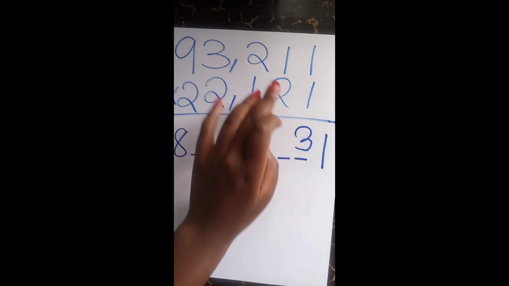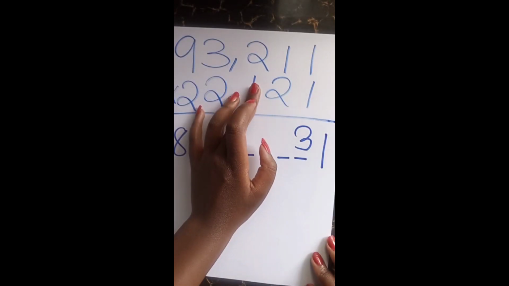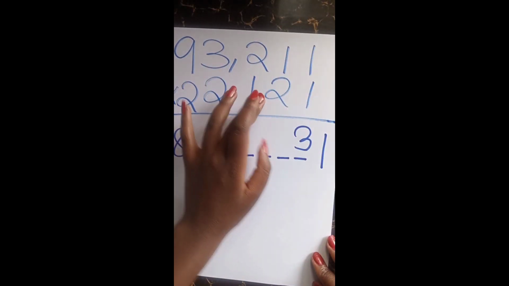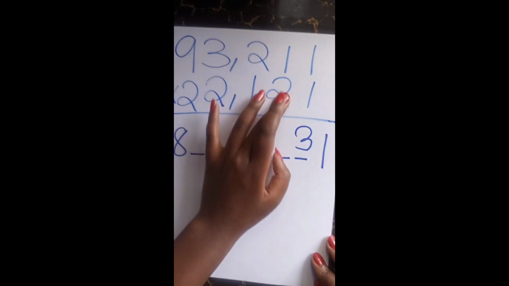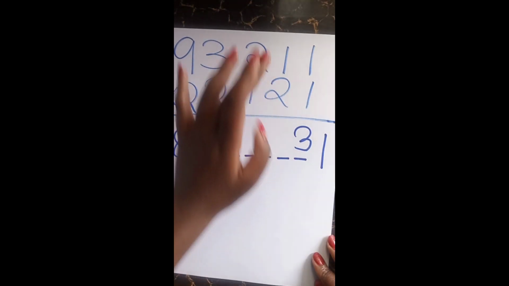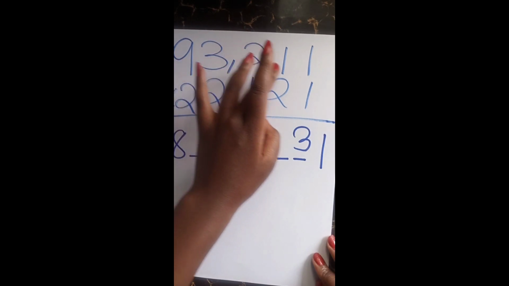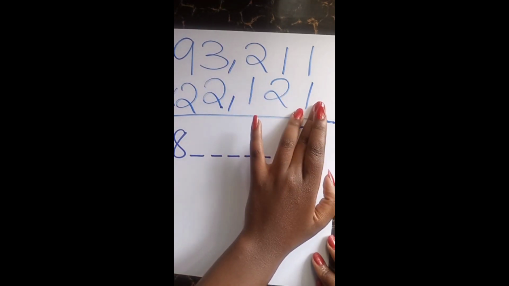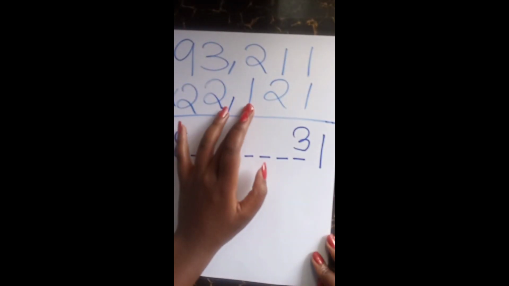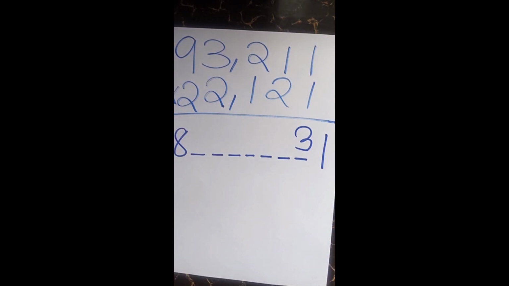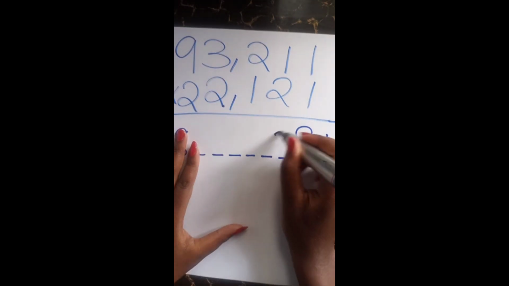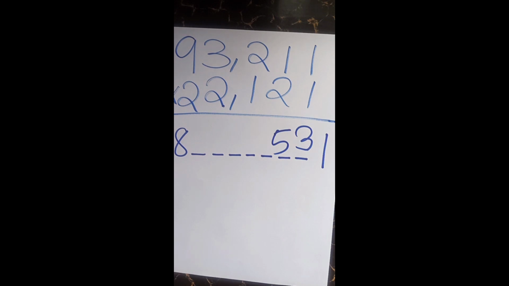Okay, plus 1 times 1 is 1. So 2 plus 1 is 3. Okay, 1 times 2 is 2. So 2 plus 3, 2 plus 2 is 4. 4 plus 1 is 5. Okay, so we'll write a 5 over here. Are we following? Yes.